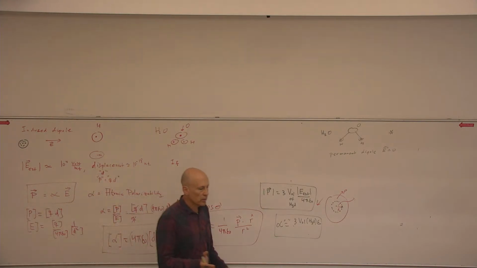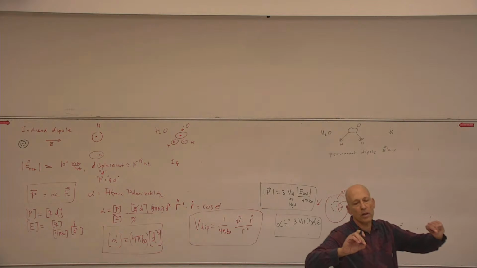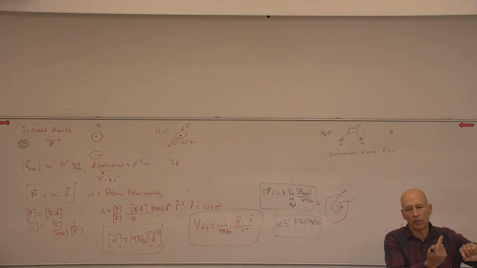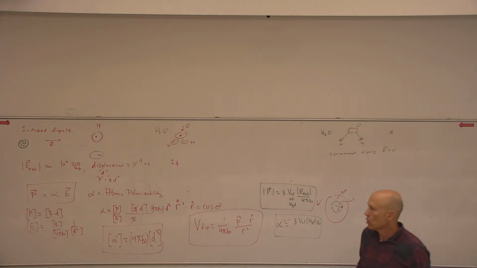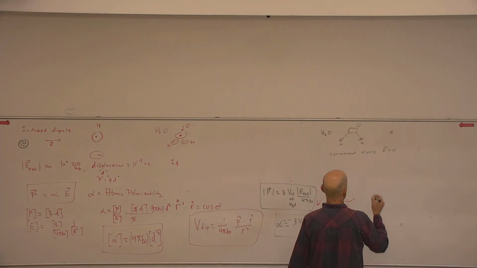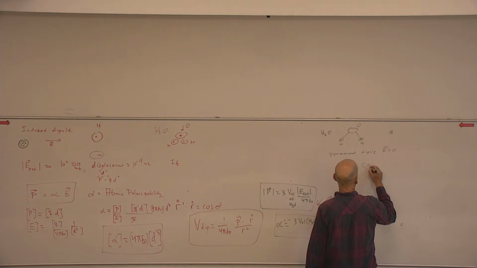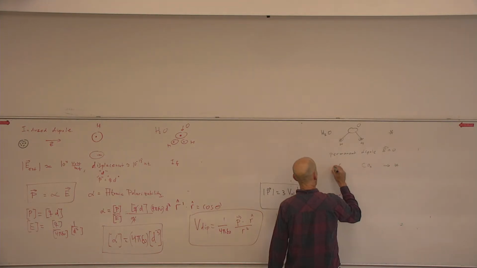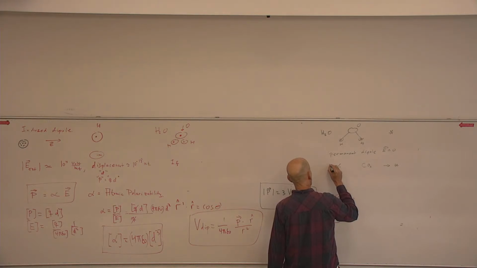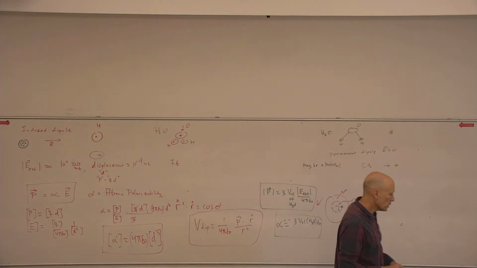The reason is that if you have a molecule, let's say a line, and then you apply a field like that, or you apply a field like that, it's not the same response. So I'll just mention this, like for CO2, you can read about this. Alpha may be a tensor, may be a matrix. So it's more complicated than what I said.